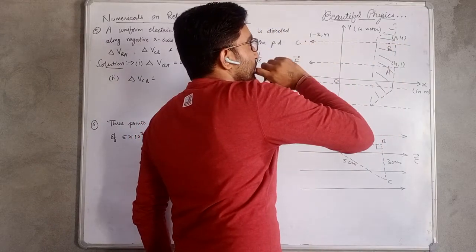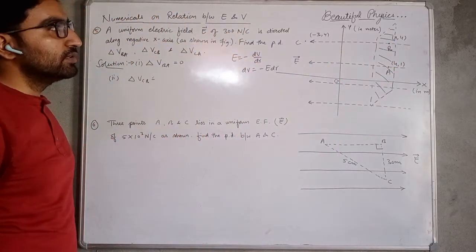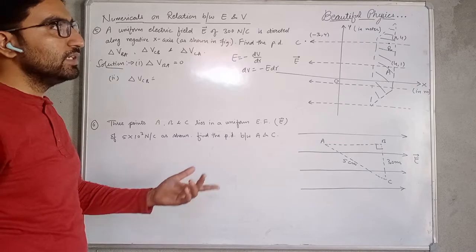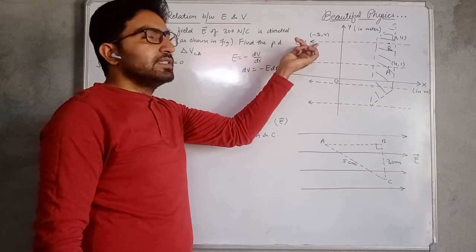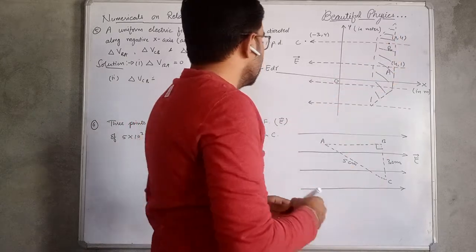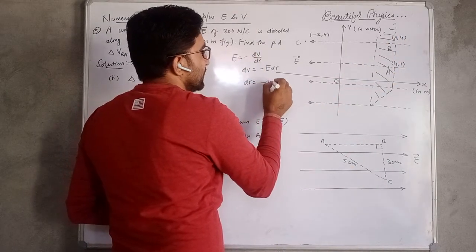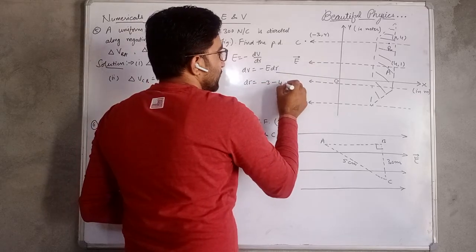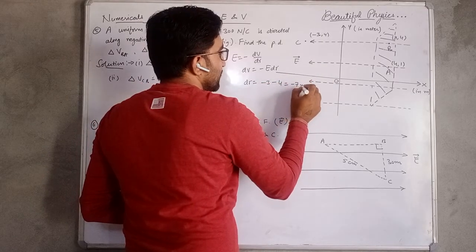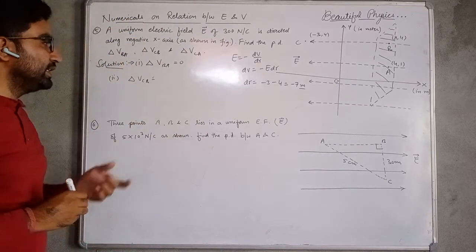Final point minus initial point: final point is minus 3 meter and initial point is positive 4 meter. So the value of dr will be equals to minus 3 minus 4, it will be equals to minus 7 meter.